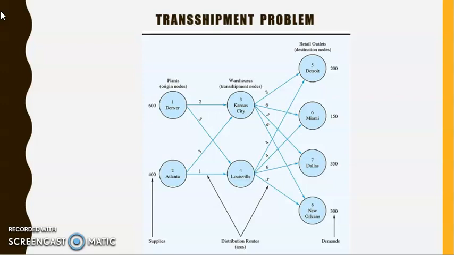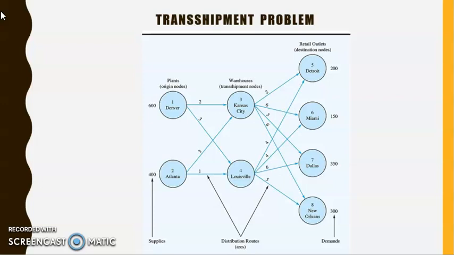Okay, the origin is Birmingham, Alabama, and the destination is Boston, Massachusetts. But we are going to have a transit, a layover. That layover is not the destination, but is something necessary to be able to go from the origin to the destination. It is called a transshipment node.